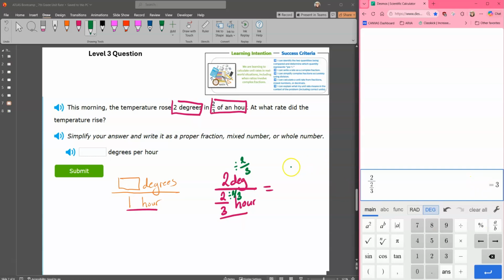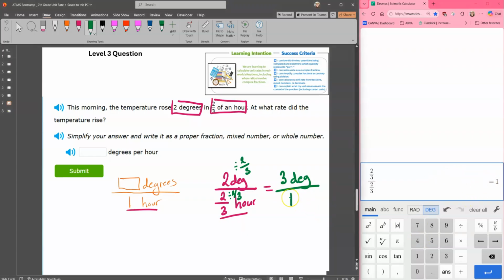So I have 3 degrees per, and then 2/3 divided by 2/3 is 1. That's why I divided by 2/3. You can see I've proven that on my calculator now. 1 hour. So I have 3 degrees per 1 hour. I'm done. That's the end of my problem.